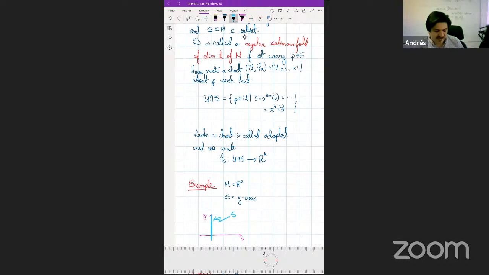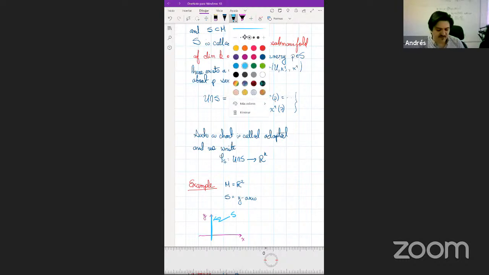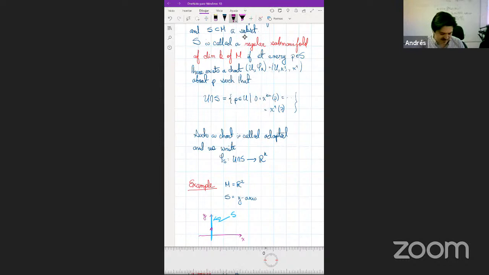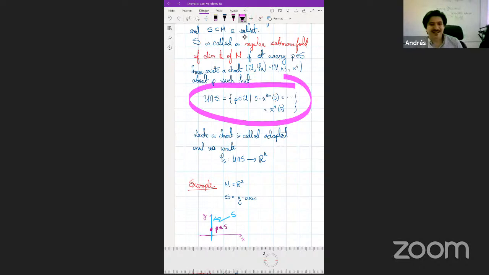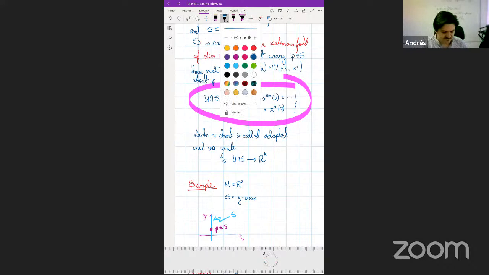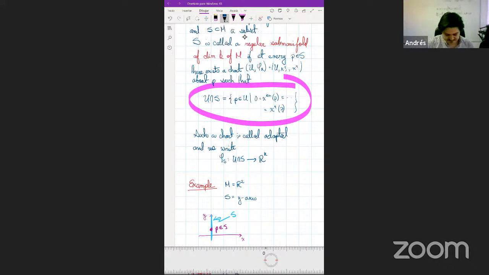That means at every point, we must be able to find a chart with this condition. Can you tell me which chart works? What is the chart that you will take here? What is U?